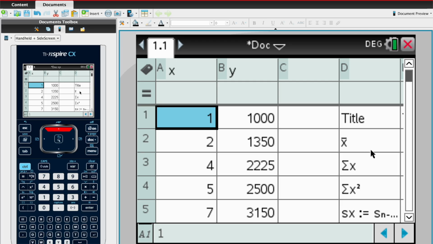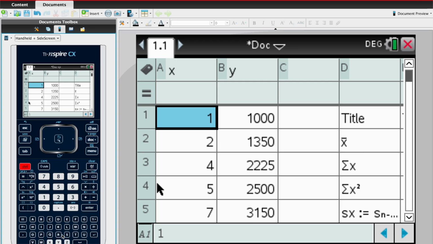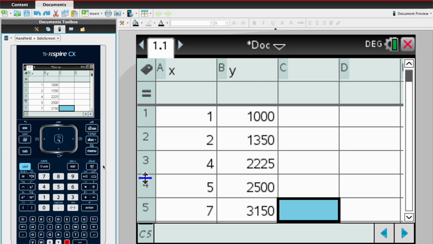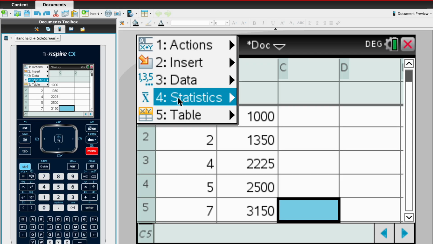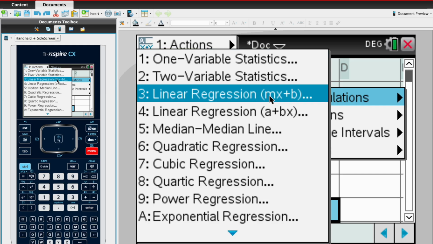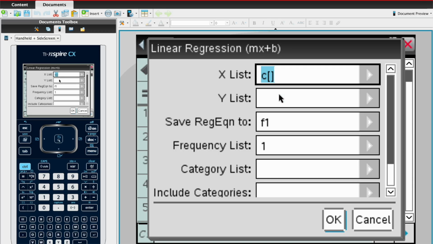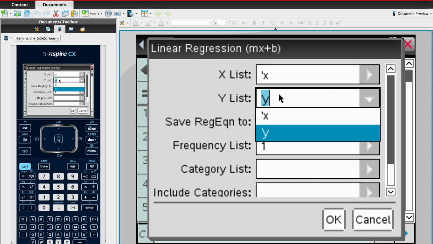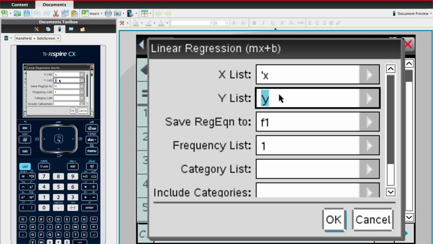We still have this 2 variable statistics. This isn't a regression. So I'm actually going to Control Z and get rid of this. And now we can go ahead and run a linear regression. Menu, statistics, stat calculation, linear regression, y equals mx plus b. Standard form, this will work. Here we are. Where did we put our variables, x and y, in their respective columns?